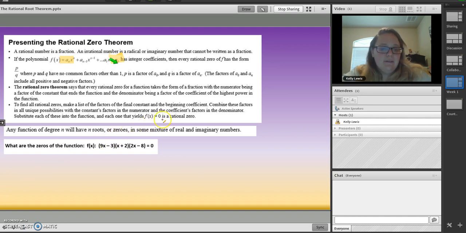If the remainder is 0 when we plug it in, it is a zero. It's a solution. Then we can use synthetic division to find the polynomial that's left over, and then keep going.